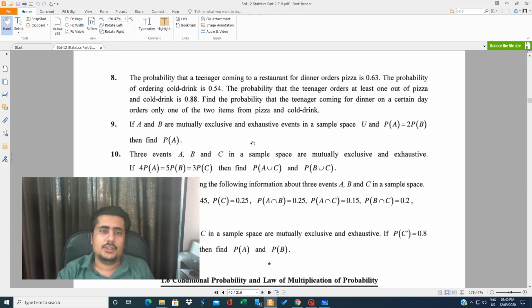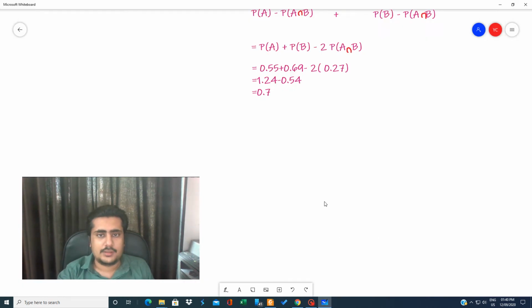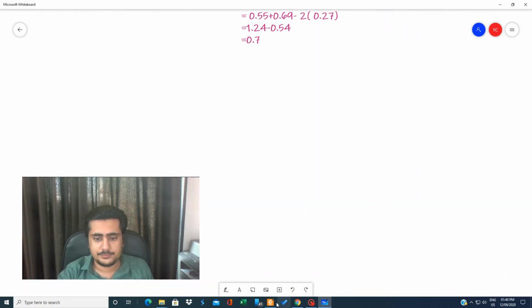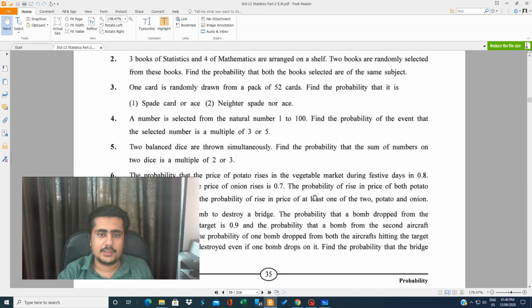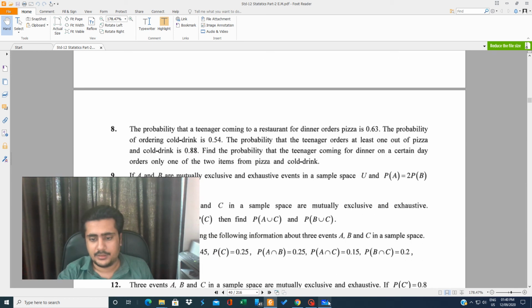So, what is the question? That a teenager coming to a restaurant orders only pizza. You can say he orders pizza as 0.63. So, let us write the question. We are doing exercise 1.3, sum number 8.